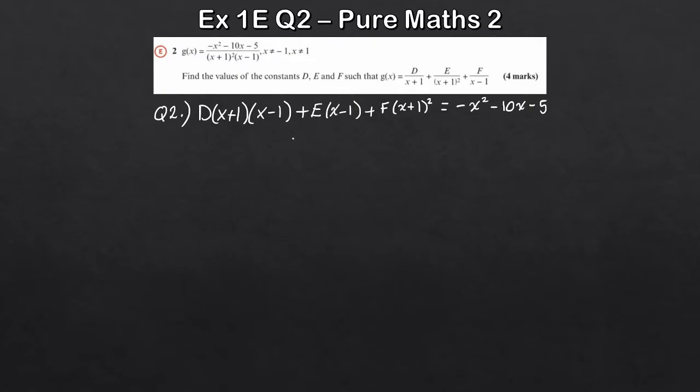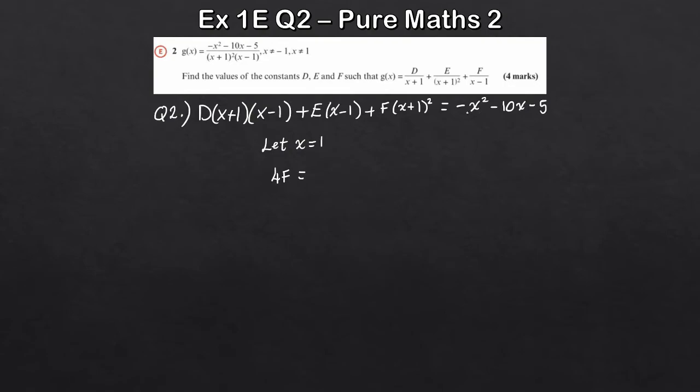So, for example, if we let x equal to 1, we're actually solving for f then, because 1 minus 1 here is 0, 1 minus 1 here is 0, so we eliminate d, we eliminate e, we're just going to get this f to solve for. So what's that going to give us? 1 plus 1 is 2, we square that, which is 2 squared, so 4, we times that by f, so we get 4f.